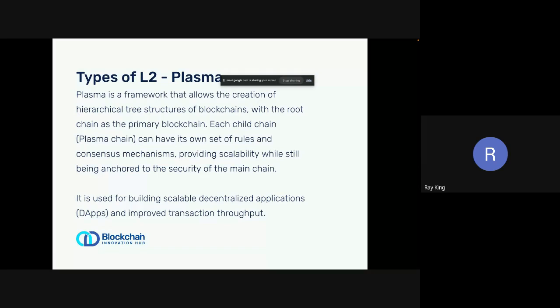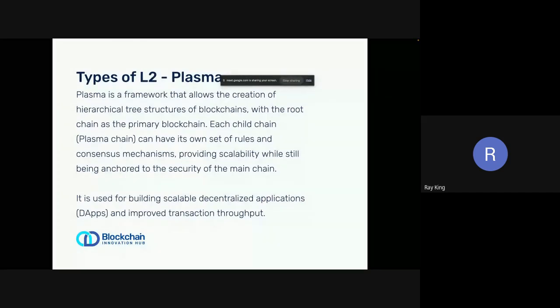So Plasma is one layer 2 scaling solution that does that. It creates side chains, known as child chains, in a tree kind of structure. We have the primary blockchain, the root chain.